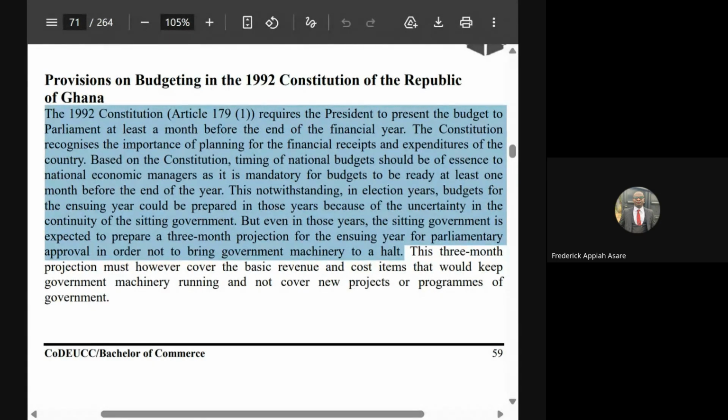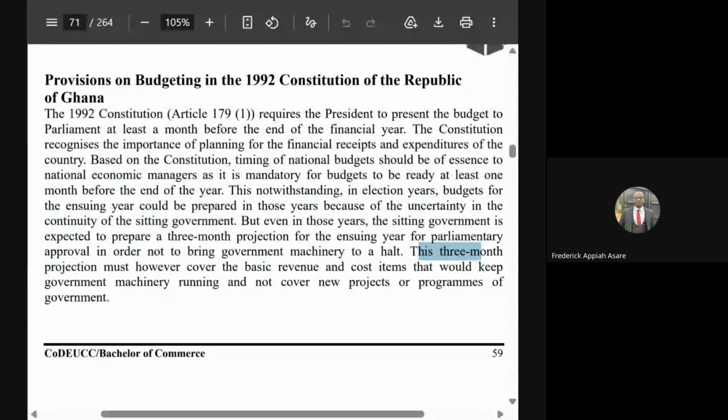And if there is going to be a change in government, the sitting government is expected to prepare a budget for 3 months into the following year, so that when there is change of government, the new government that comes in can use that budget in its operation for the first 3 months before everything is settled down. This 3-month projection must, however, cover the basic revenue and cost items that will keep government machinery running and not cover new projects and programs.